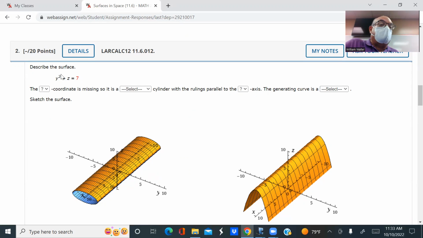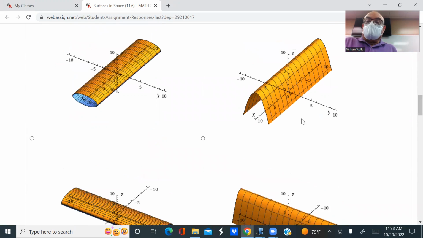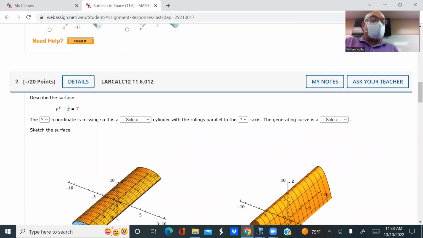So you just need to think of what this curve looks like in the YZ plane, and then you're just going to copy that curve, repeat that curve along the x-axis. So probably something like this is the right answer. Is that it? Because I have a feeling that if you graph y squared plus z equals 7, that's going to be a parabola.